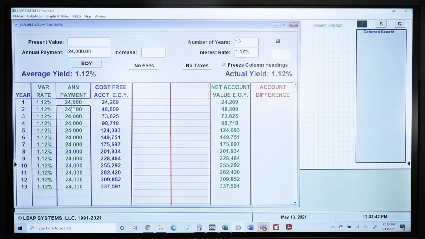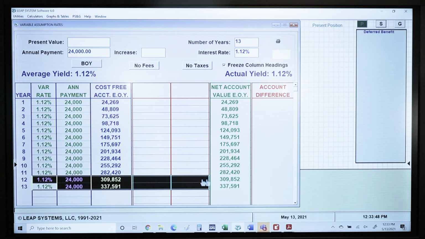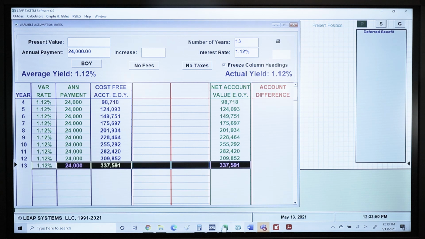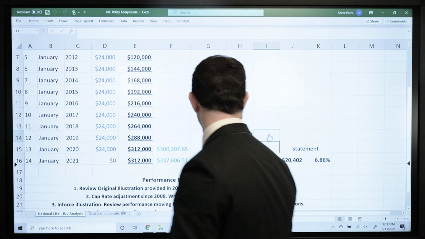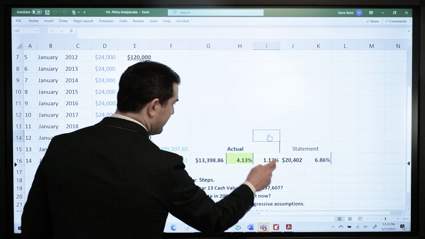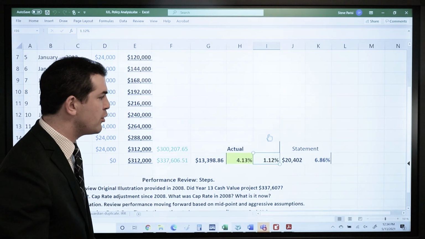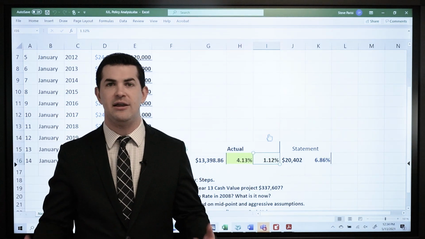So all we did was say, okay, I want the average by year 13. If I take that $24,000 per year payment, assume a 1.12% average, there we go, 337,591. I'm off by 15 bucks. So we can round it up a little bit, but that's the average growth rate over the past 13 years.